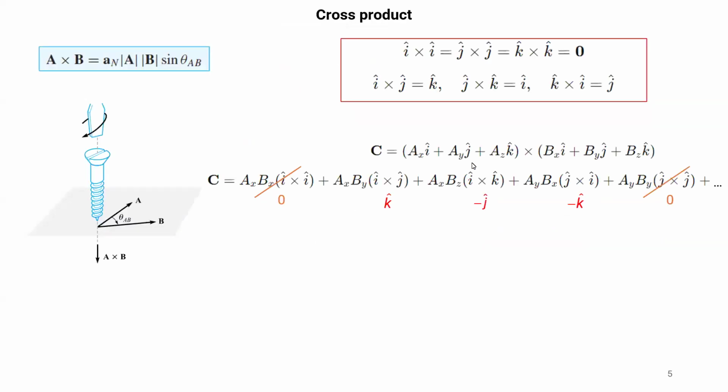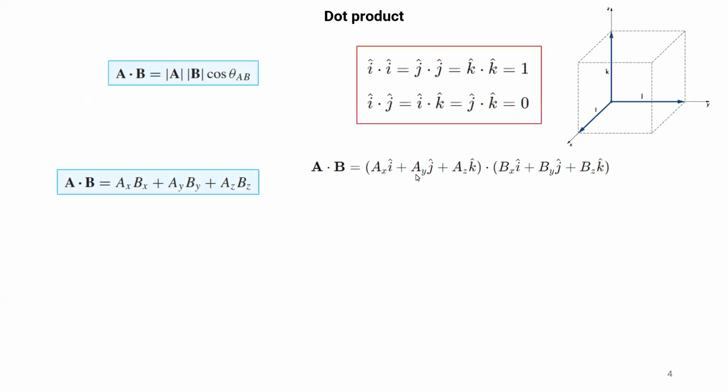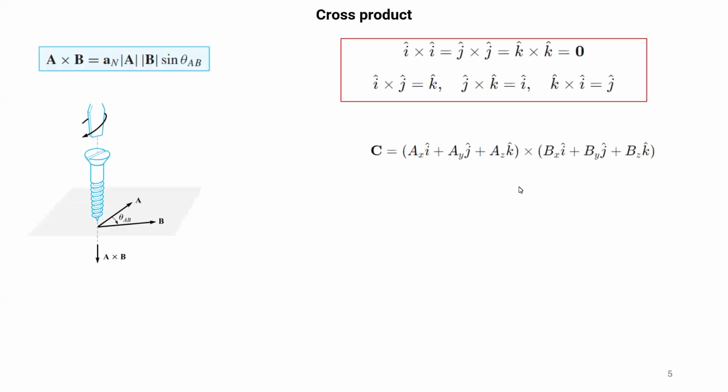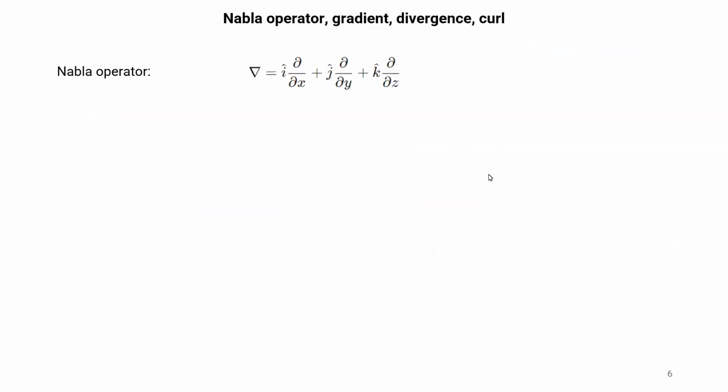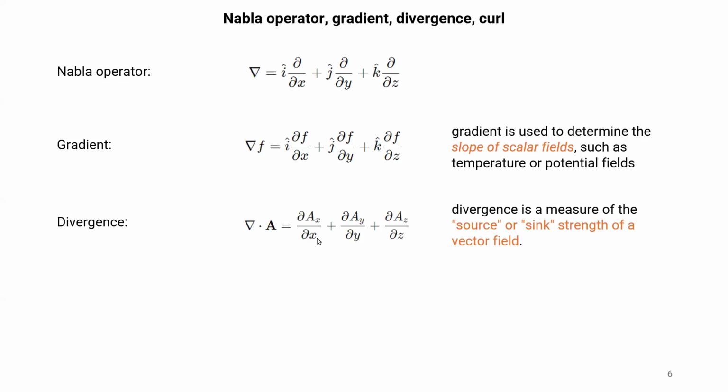Similarly to what we did in this formula here, we can write the components for the nabla operator, the components of the vector, and then expand the parentheses. We will come to this formula here.